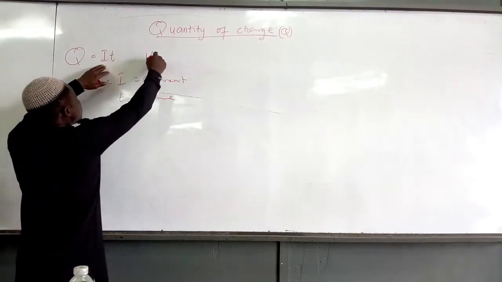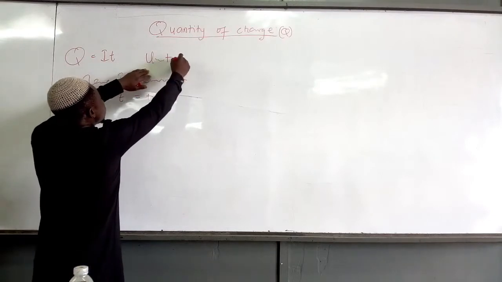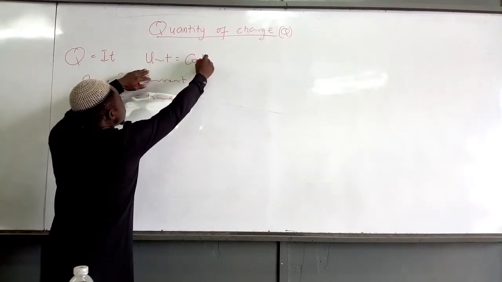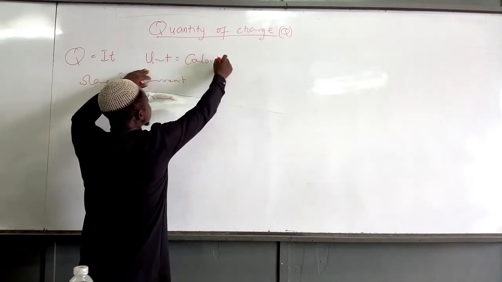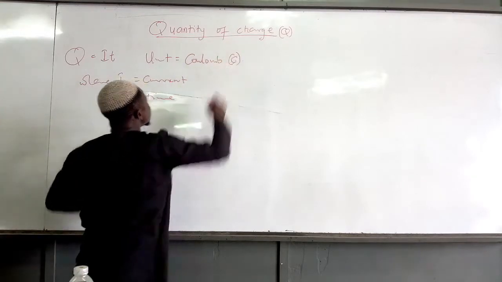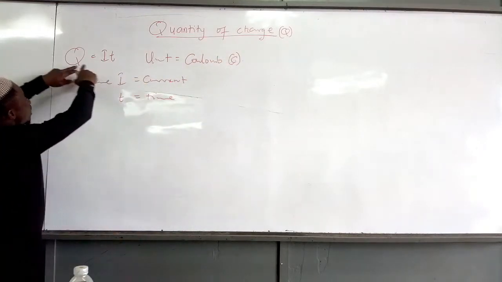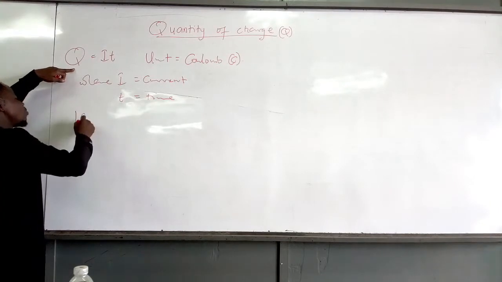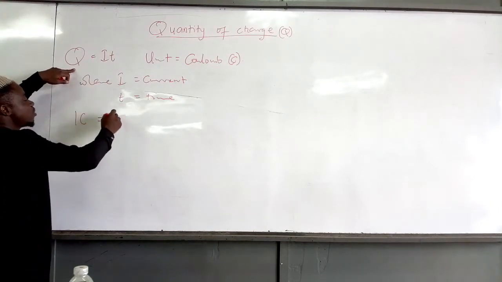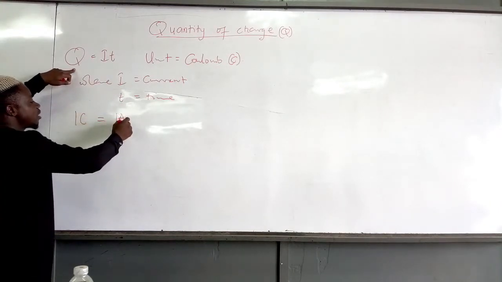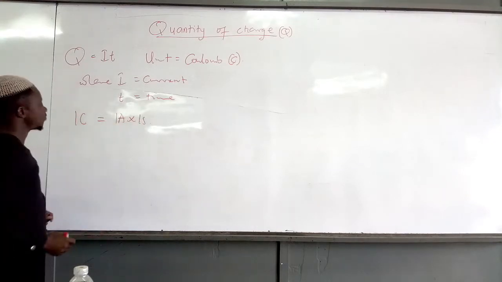The SI unit for quantity of charge is Coulomb. We shorten it as capital C. So we see from this equation that 1 Coulomb is equal to 1 ampere times 1 second.